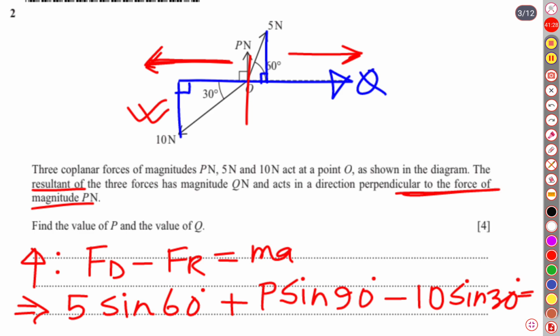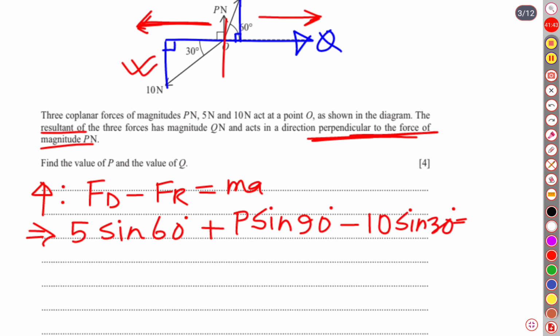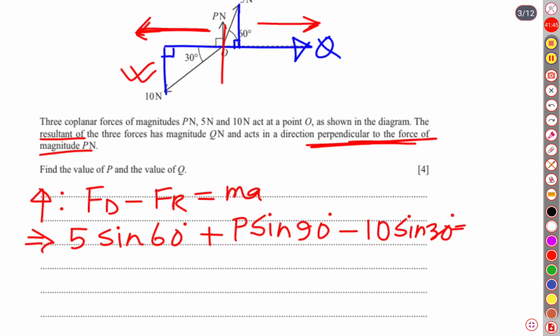Remember, they told that the direction of the resultant force is perpendicular to P. That means vertically there is no resultant force, which is 0 actually. Okay, so our right side is going to be 0.